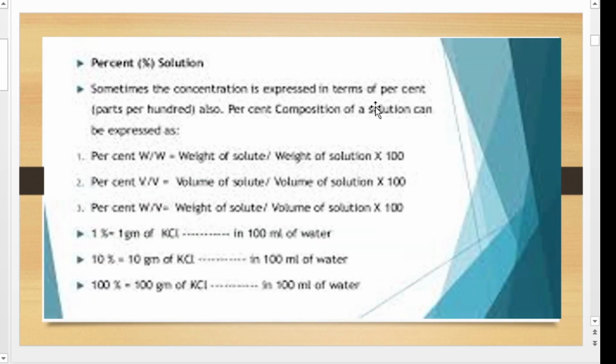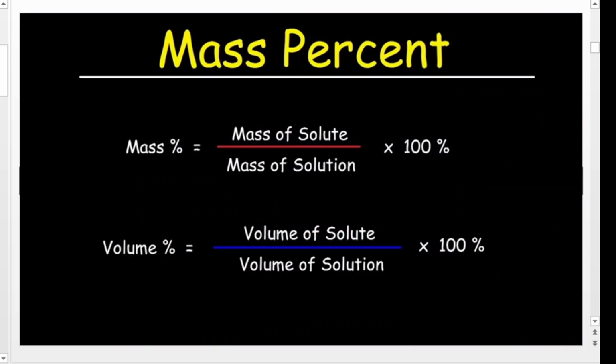Now coming to the very basic concentration terms which you might have done earlier also, where we use some physical quantities like weight and volume to express concentration. One is mass by mass percent. Mass by mass percent is generally used when you have a solution or a mixture which is made between generally solid and solid, because measuring the mass of a solid is comparatively easier.